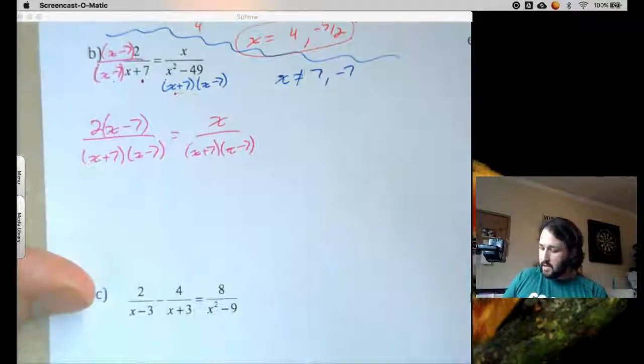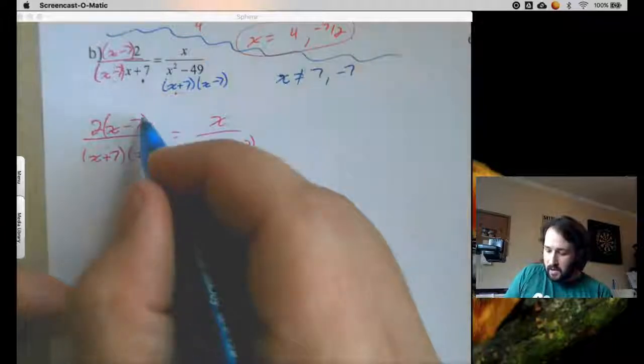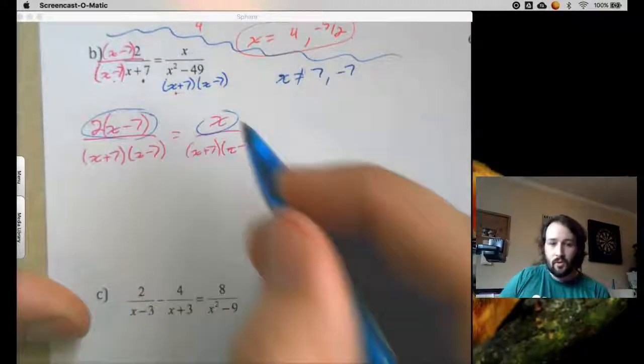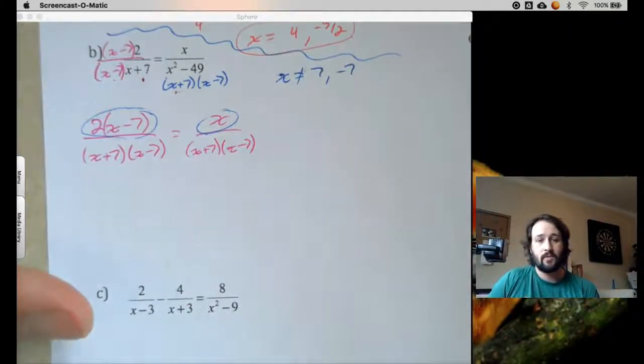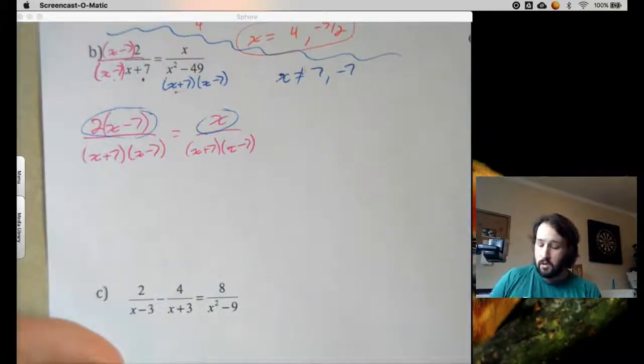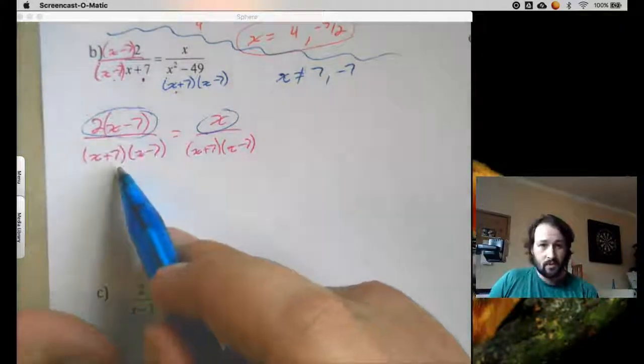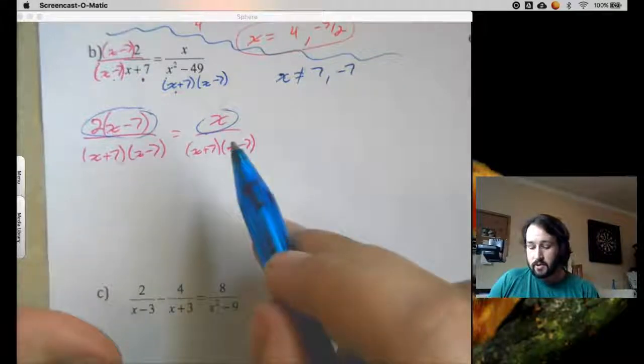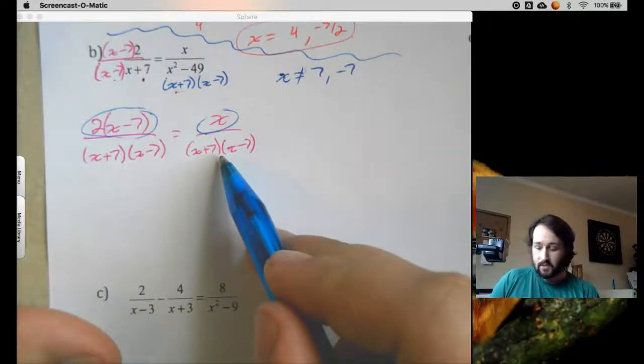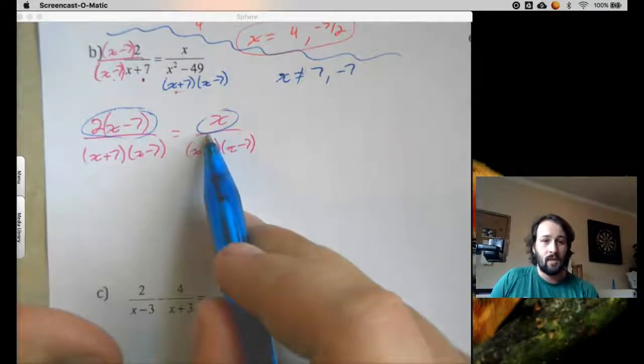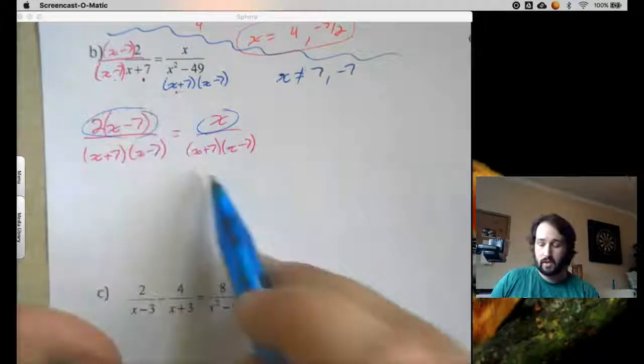Since the denominators are the same, the numerators have to be equal to each other in order for this to be true. Something over x plus 7 times x minus 7 equals something over x plus 7 times x minus 7. These two things have to be equal in order for this whole equation to be equal.